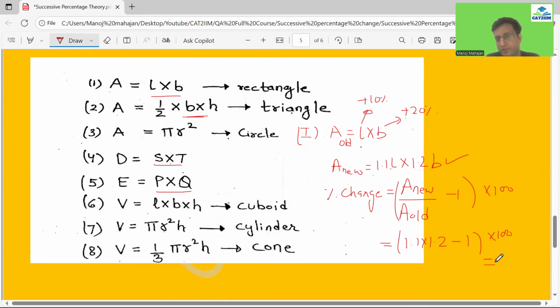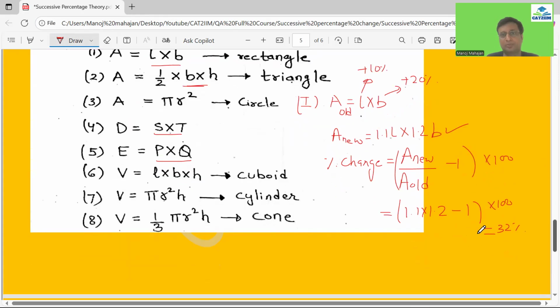Now I wanted to teach you the successive concept also. See, if you get this factor 1.1 into 1.2, you are going to get the same percentage change, that is 32%. So the second approach could be this, and this is what I wanted you to understand.